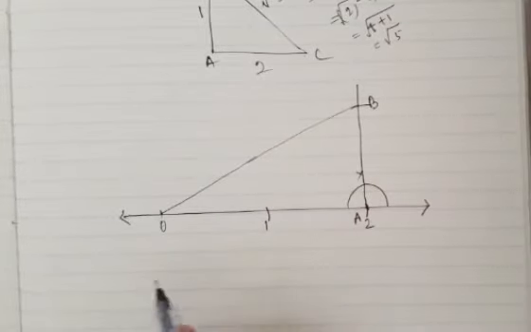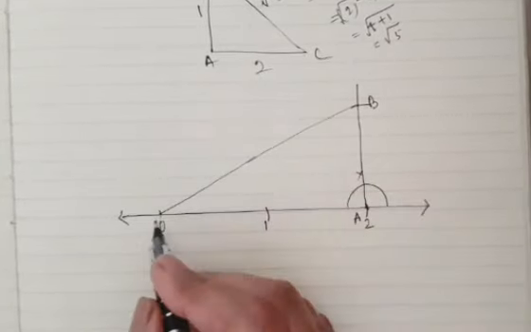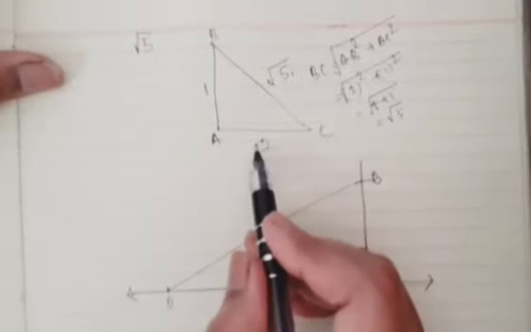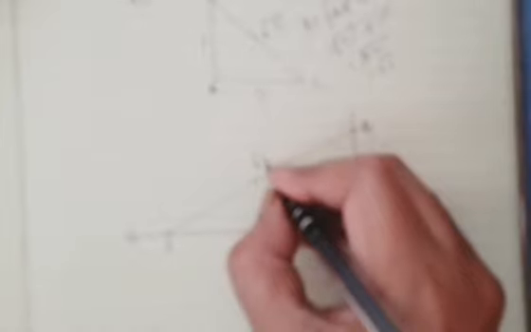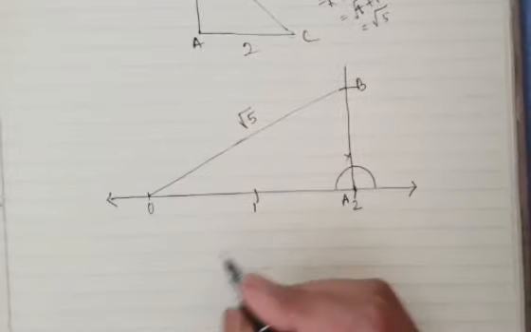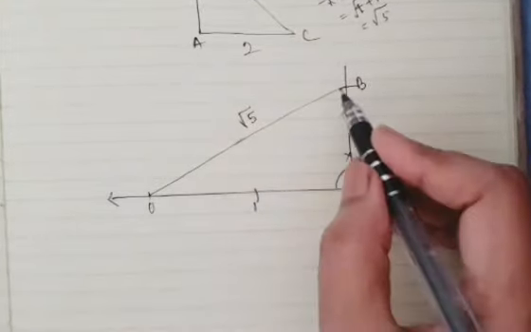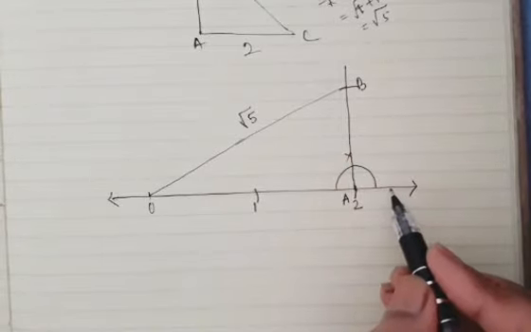Then you join O to B. So in this triangle, as per the concept we have already discussed, this OB is of root 5 unit length. But our aim is to show this on the number line. So what we have to do?